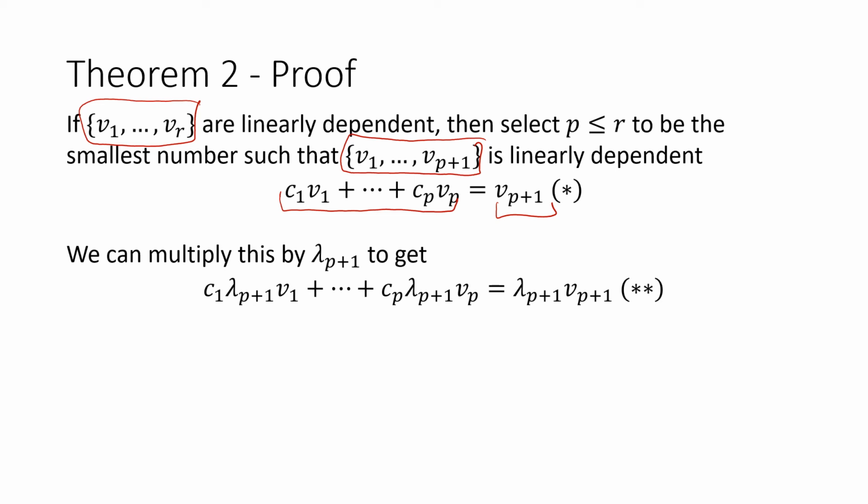That's one of the properties we saw about linear dependence. So we have that equation. We'll call it the star equation. Just take that equation and multiply everything in it by the eigenvalue lambda p+1. So we're just sticking the lambda p+1 in on all the terms. This is the double star equation. We're going to use this again. So we've just taken a linear dependence and multiplied every term by something. It's still equal.